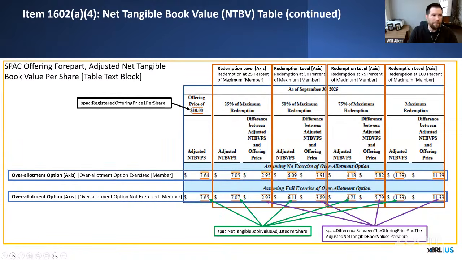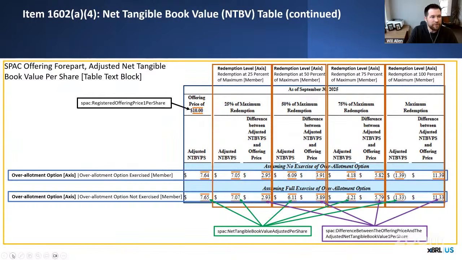So again, that top left corner shows that offering 4-part adjusted net tangible book value. That's your table text block. Then immediately below that in black, you see the registered offering price, $1 per share. That's the offering price per share for individual shares in this SPAC.